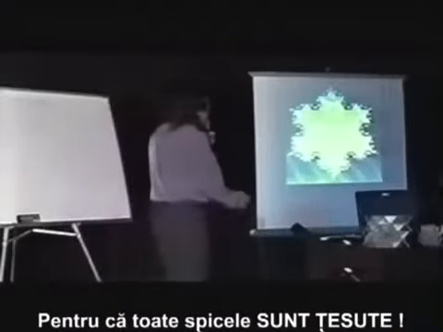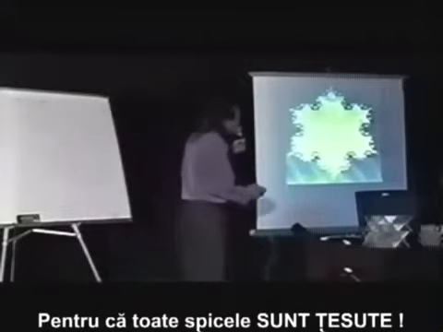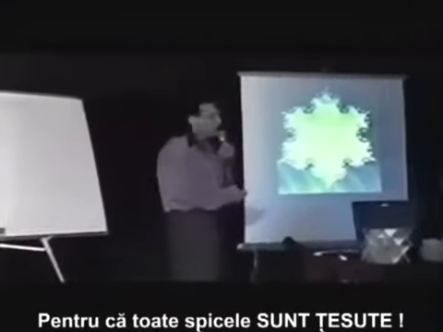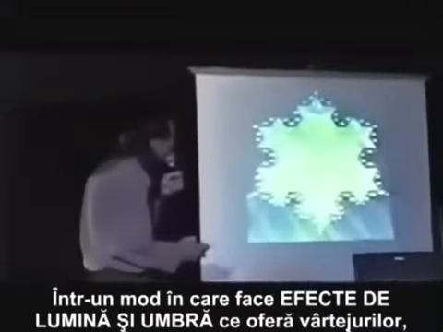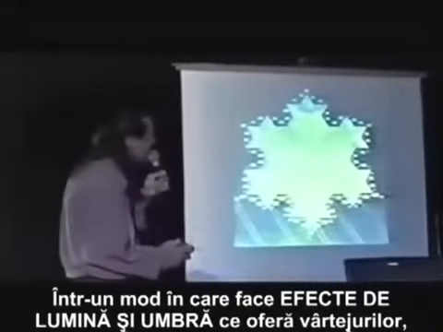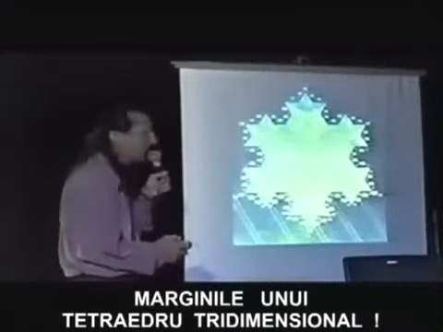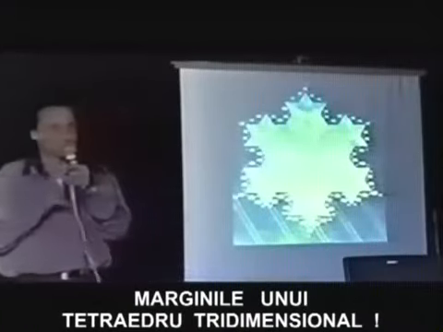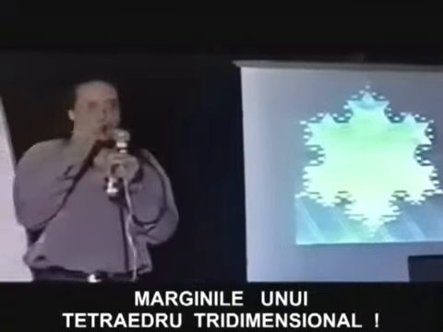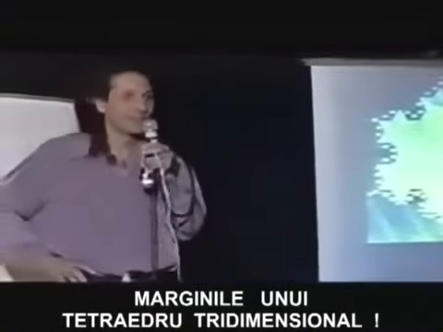Because all the hay is woven in a way that it makes effects of light and shadow that gives the vertices, the edges of 3D tetrahedron.